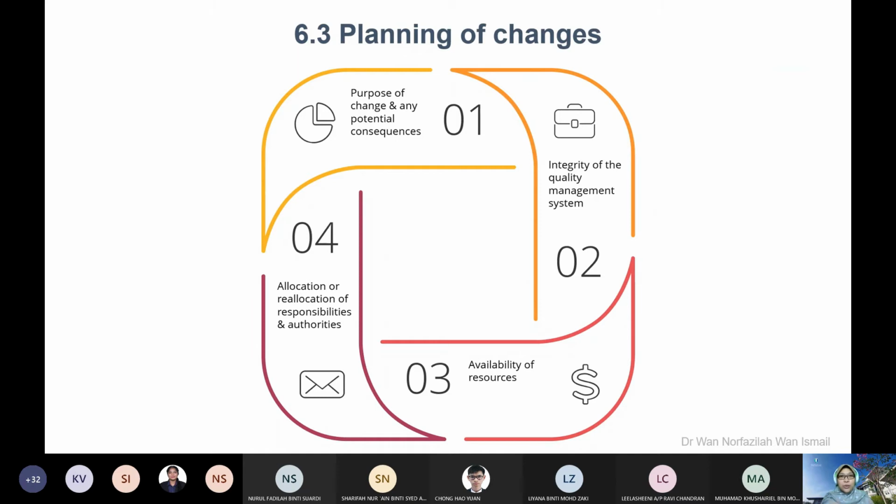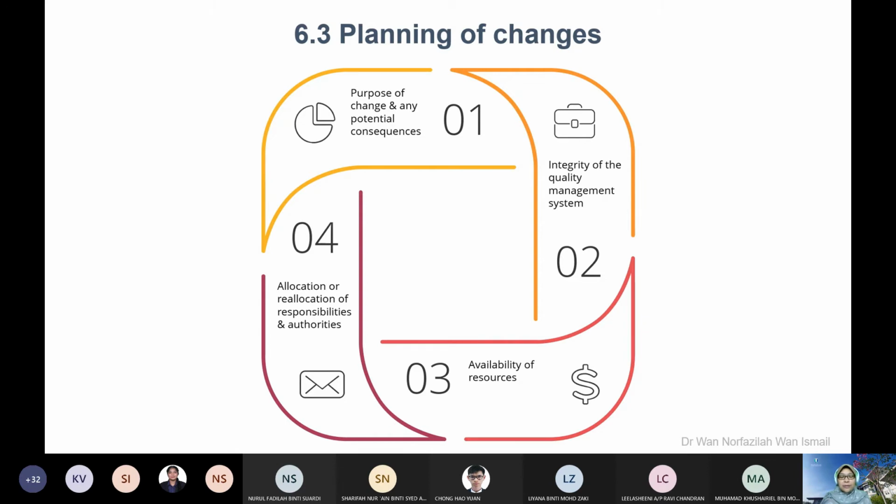If you want to reduce the person in charge in your lab, after 5 years, when you do data analysis, you think that instead of having 4 person in charge in your lab, you want to reduce to 2 person in charge. So you need to check whether when reduce the person in charge in the lab, whether this will affect the integrity of the QMS.